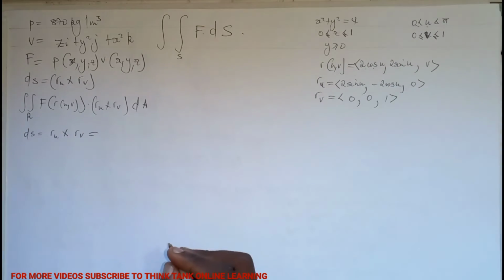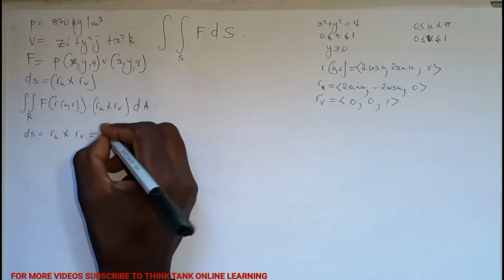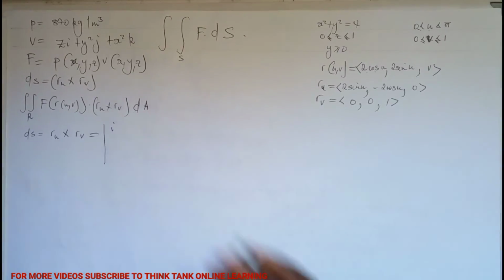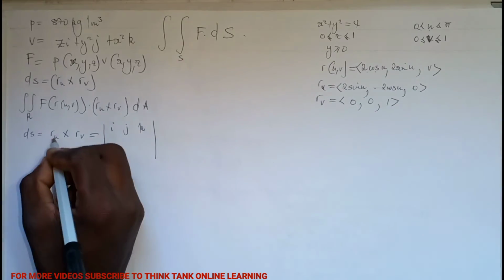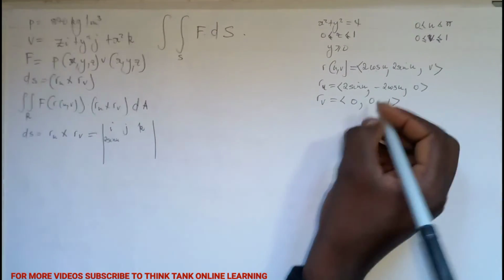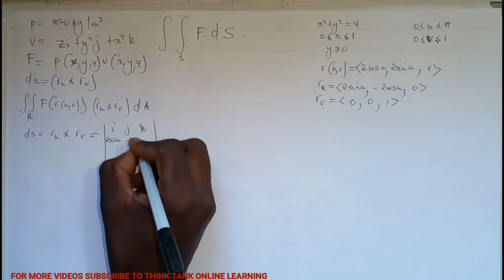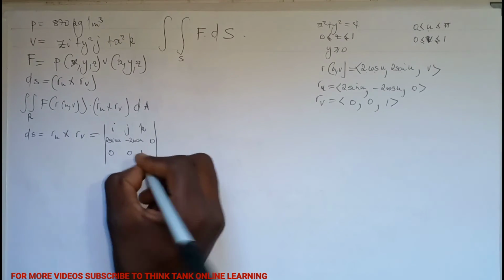The cross product, which is dS, is going to be r_u times r_v. This is how to find the cross product with i, j, k. For r_u it's going to be -2 sin u, 2 cos u, and 0, and here you have 0, 0, 1.